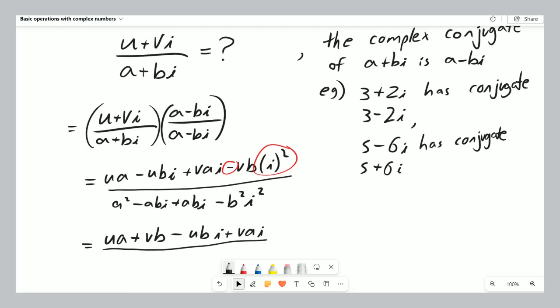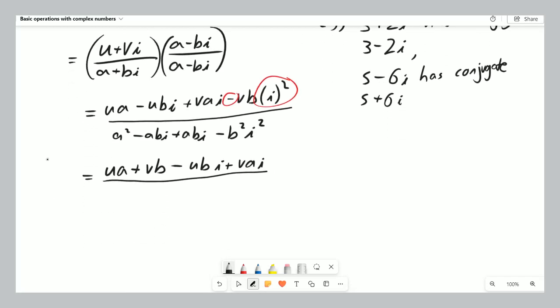And in the bottom, we have a squared. And notice that these terms cancel out because it's something subtracting itself. The i squared is -1, which with this negative becomes a positive, so we just have a squared plus b squared. The bottom is now entirely real. It's also equal to the squared magnitude of that complex number.